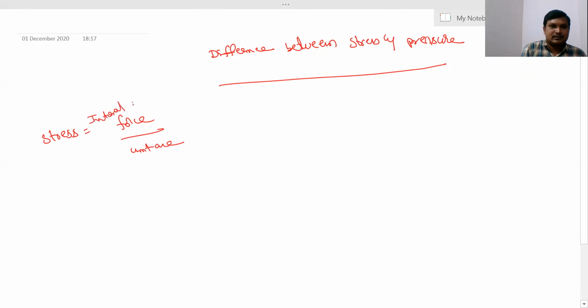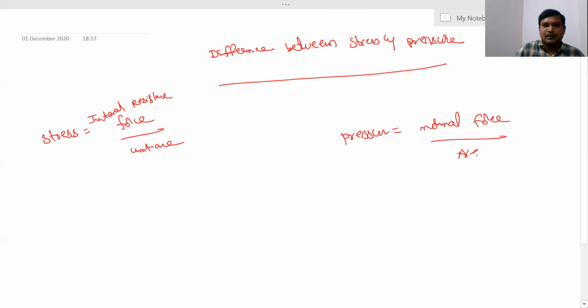Internal resistance force per unit area. But pressure is normal force per unit area. So pressure is a normal force.